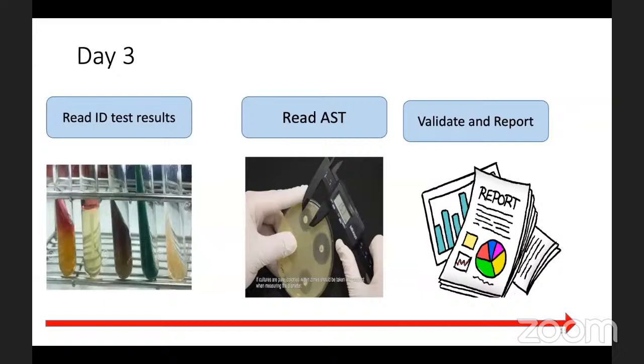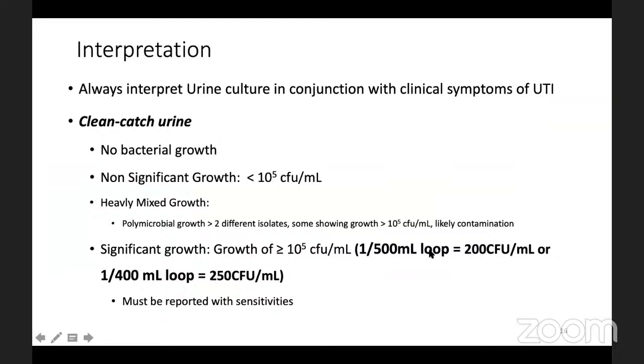And then you measure the zone of inhibition on your AST to see which drugs are sensitive, which drugs are resistant. And then you go ahead and validate the report according to your institutional protocol and then dispatch the results out. So how do we interpret urine culture?